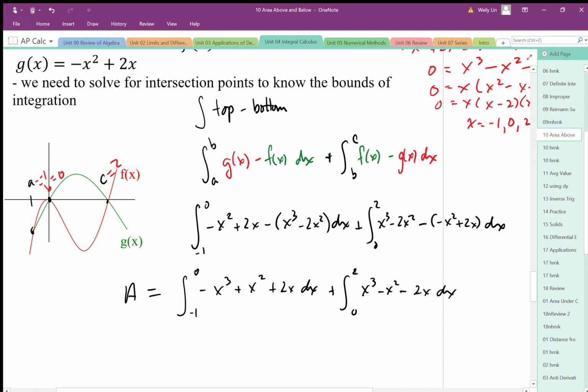So working that out, this becomes negative x to the power 4 over 4 plus x cubed over 3 plus x squared, and I'm going to evaluate that integral from negative 1 to 0. Same thing here, plus x to the 4 over 4 minus x cubed over 3 minus x squared. I'm going to evaluate that one from 0 to 2.